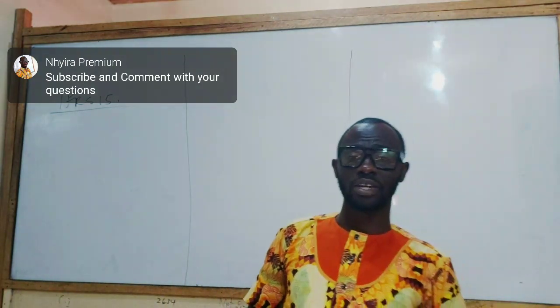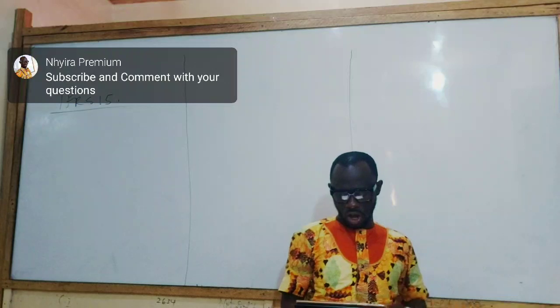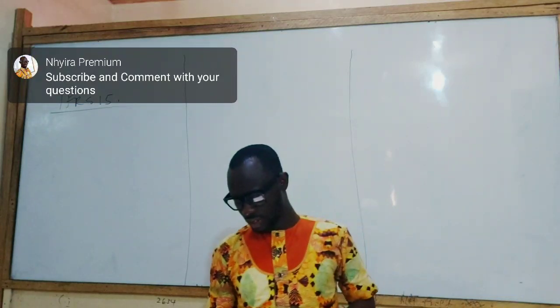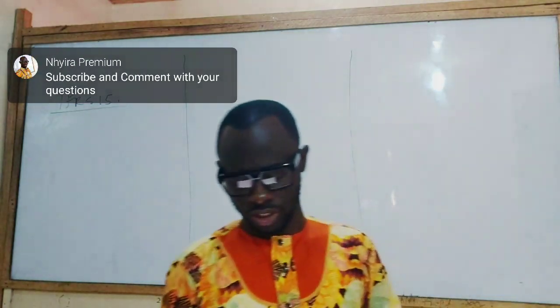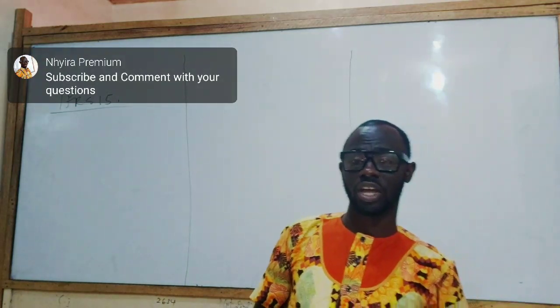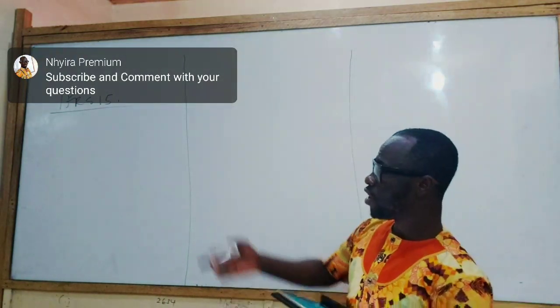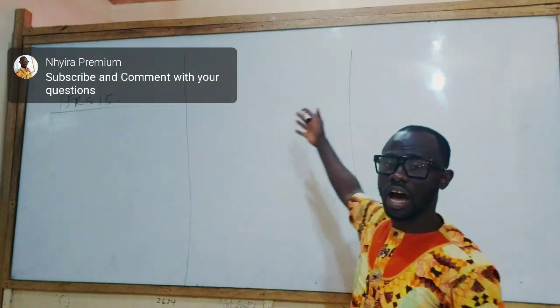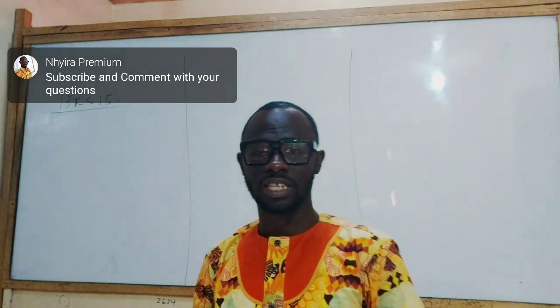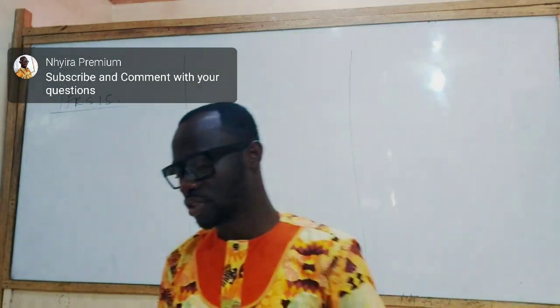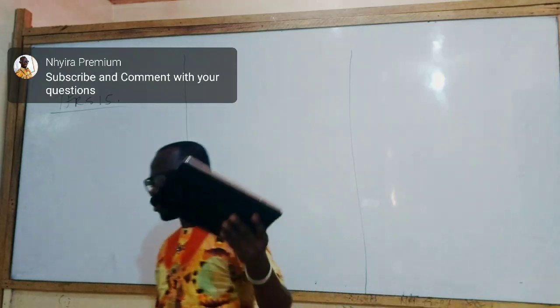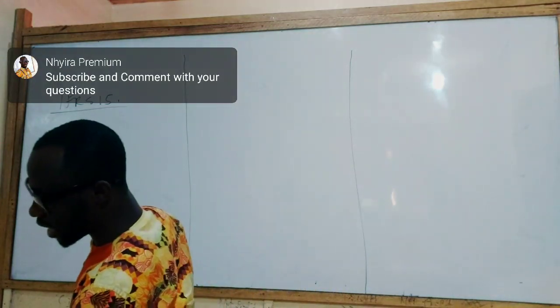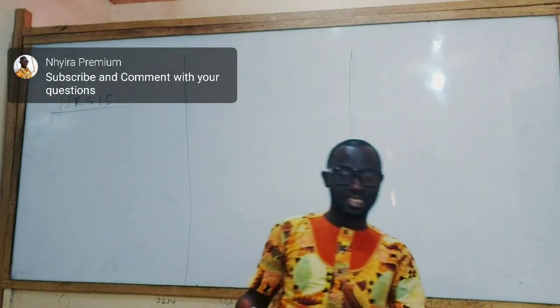In that question, the examiner asked us to demonstrate how the transaction will be presented in the financial statements. You saw the various workings that we did and how we represented the data in the financial statements of the company. So I mentioned that today we will continue with the second aspect.